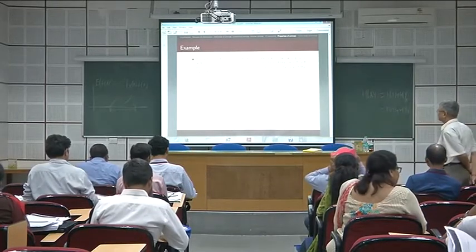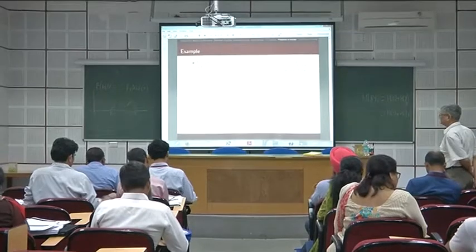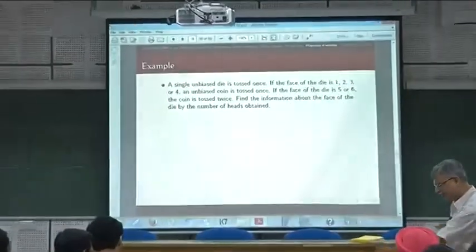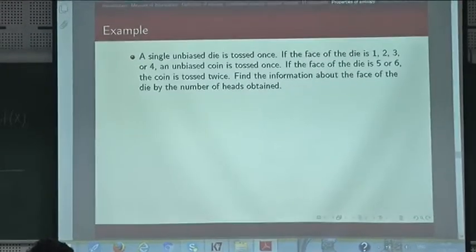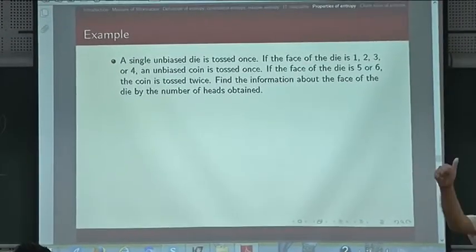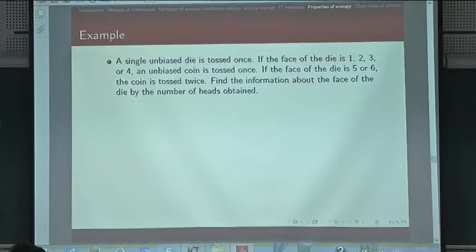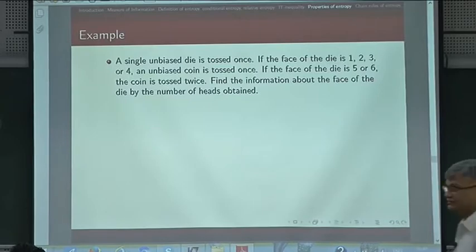Please read this question. This question has two steps. First, there is a die. We are rolling a die, and if the face of the die is 1 to 4, an unbiased coin is tossed once, and if the face of the die is 5 or 6, the coin is tossed twice.